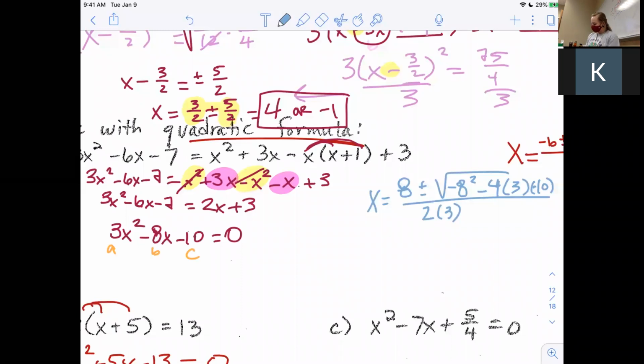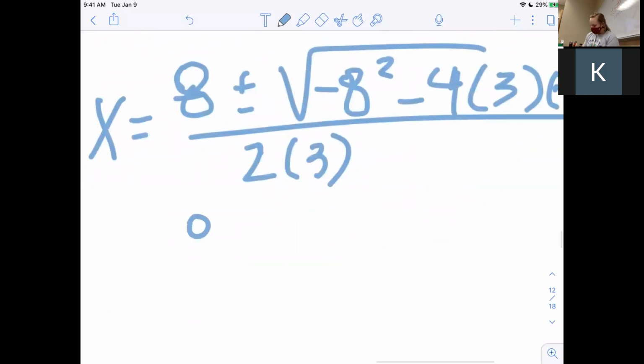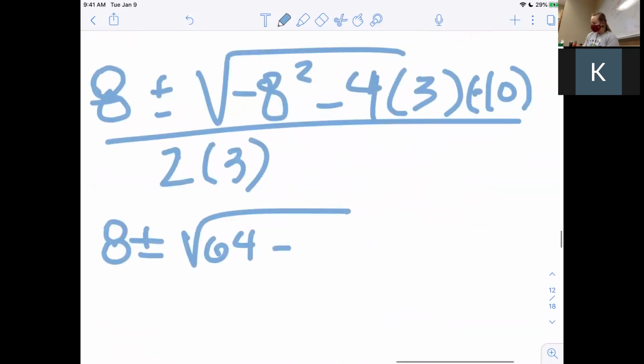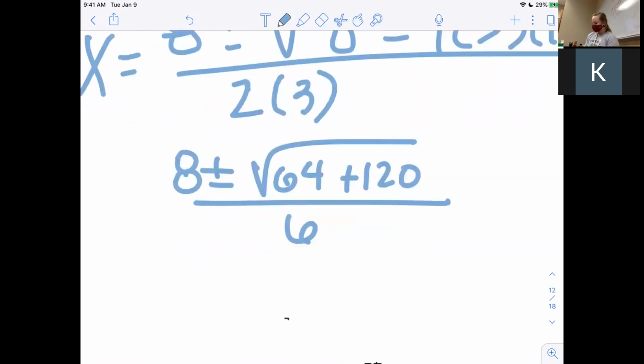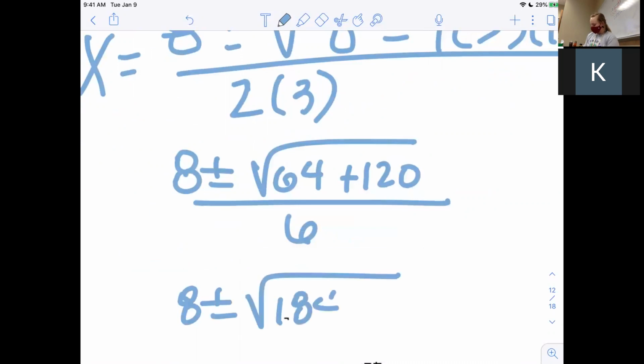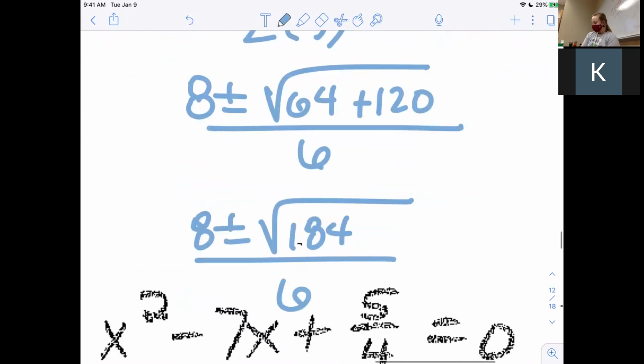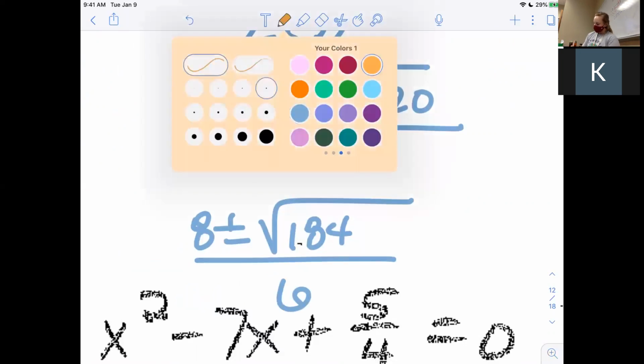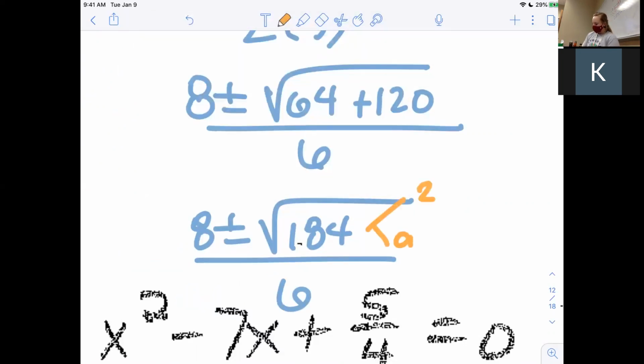Let me keep simplifying. 8 plus or minus the square root of 64 minus, that's negative 12. Negative 12 times negative 10 is a positive 120, over 6. 64 plus 120 is 184 over 6. I'm sure 184 can factor: 2 and 92.